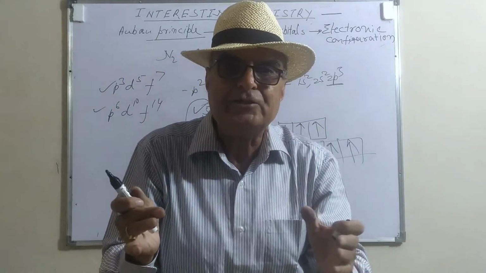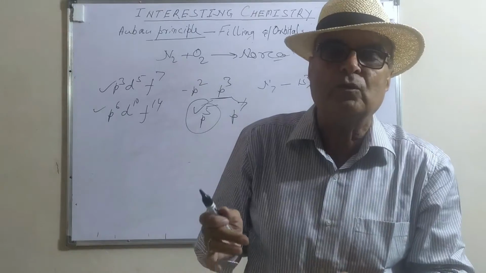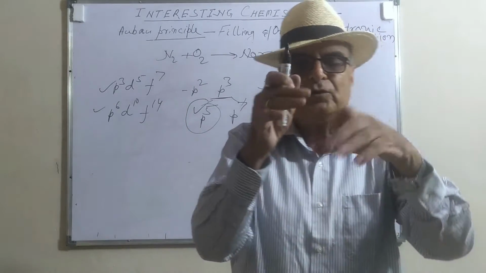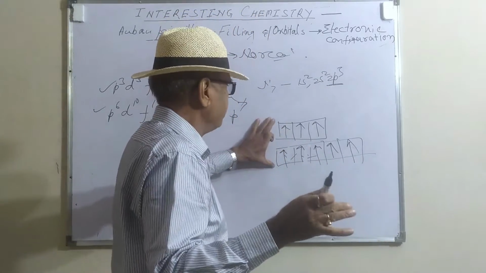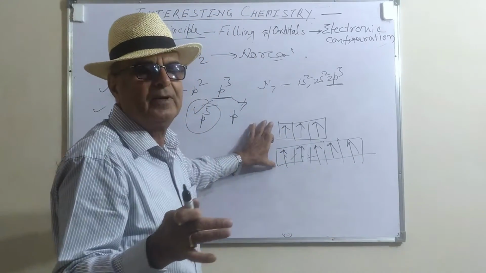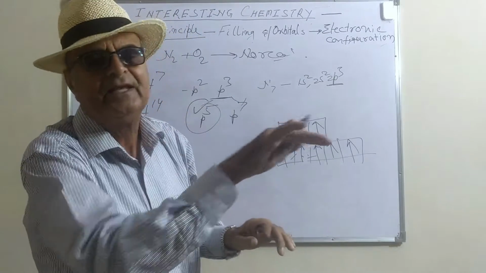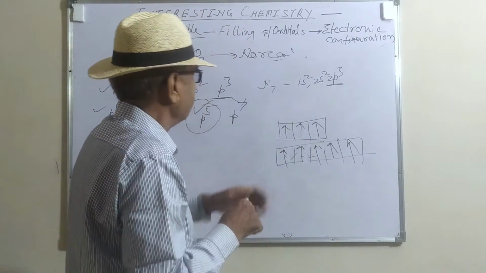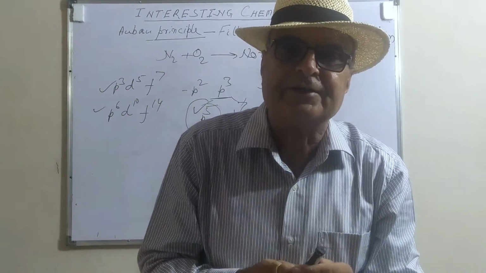I will explain this with chromium and iron when I teach you the electronic configuration of all elements. But today you should remember that half-filled and fully filled orbitals are more stable than other orbitals. So I have explained one cause, the symmetry.